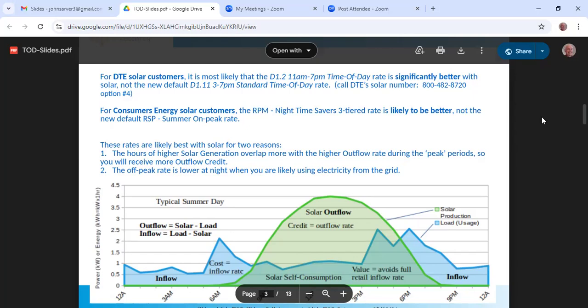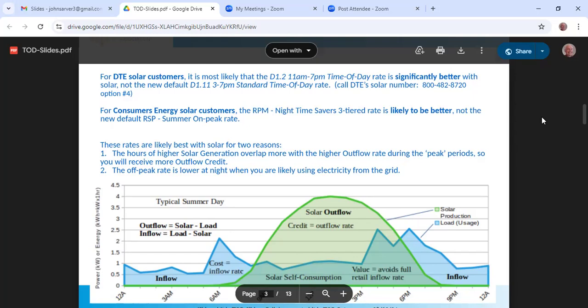For Consumers, the rates are not that much different during the day when you're going to have some solar. There is some difference with the RPM nighttime savers rate, which is a lower rate overnight, at least for 7 hours, I think. So that one is worth choosing just for that. The solar outflow during the day doesn't really make much difference.